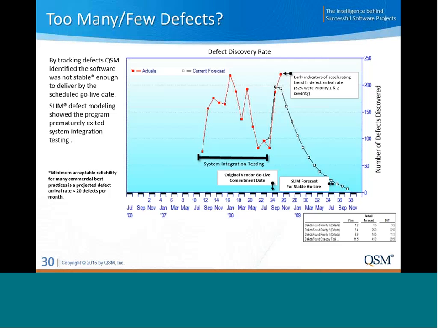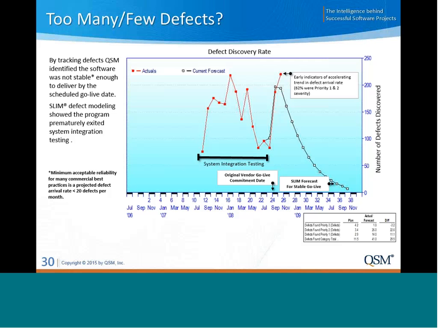So with this data, we urged the program office to postpone their go live date significantly. Sadly, they ignored our advice, unlike the previous client on the previous slide who had the courage to do the right thing, even though it was hard. In this case, the program office ignored our advice, and they forced the scheduled go-live date.